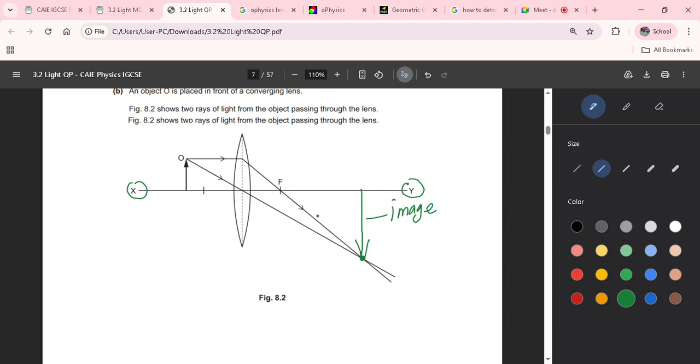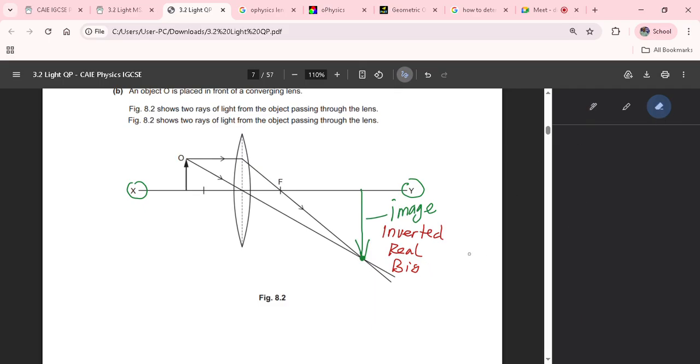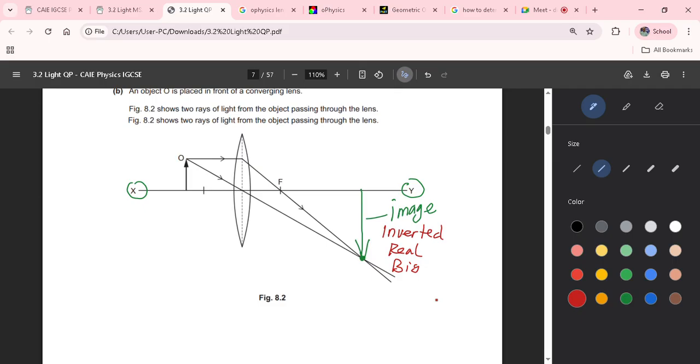So the image is inverted and also real and bigger, or enlarged.